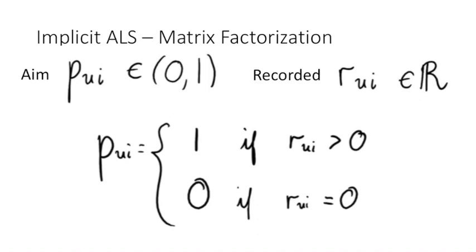The preference is 1 if the recorded value, what we mean is if the time spent is more than 0, then the preference is 1, and if they have not looked into a movie at all, then there's a kind of a dislike to that.